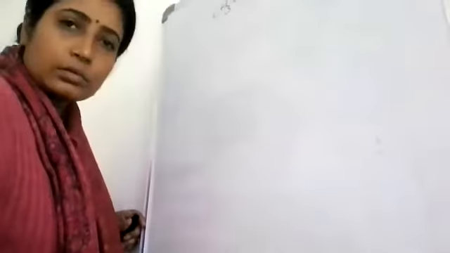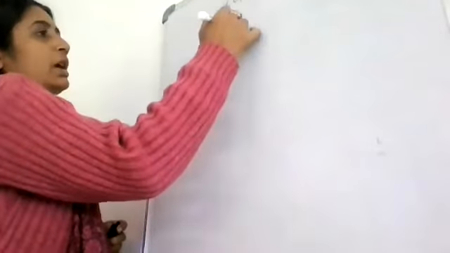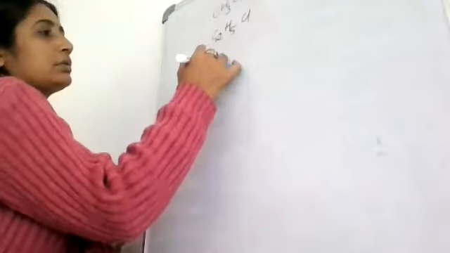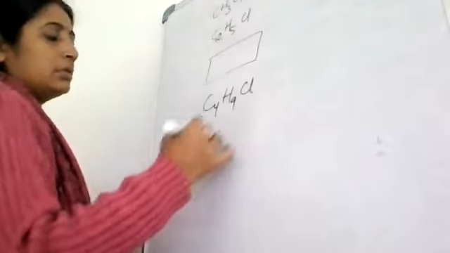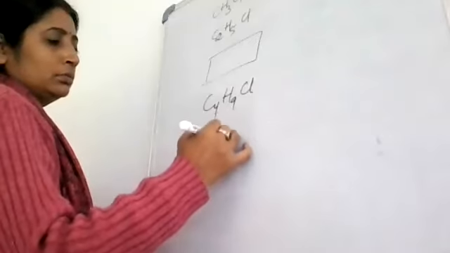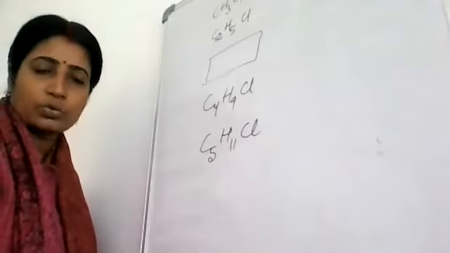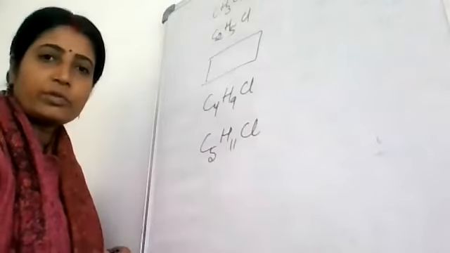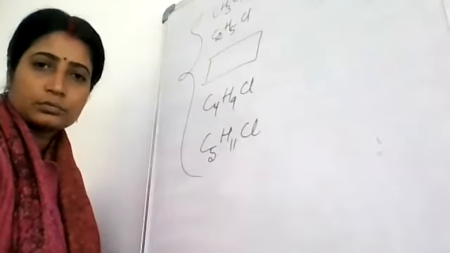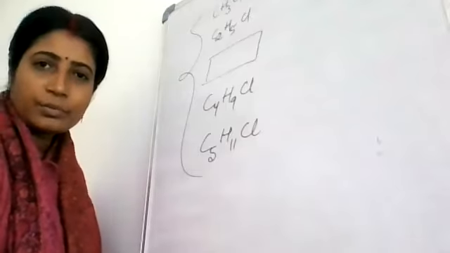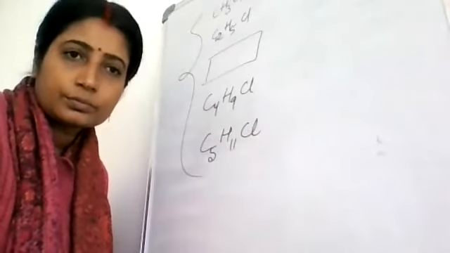CH3Cl, C2H5Cl, suppose you have got this question. First question will be, what is it representing? Homologous series of haloalkanes.